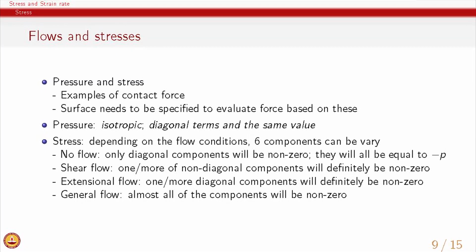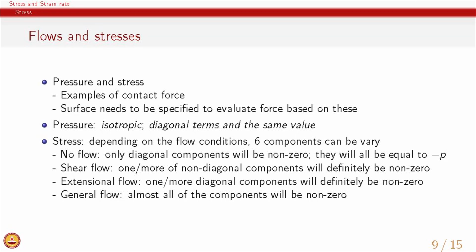And so, therefore, to say that we understand the fluid flow behavior of a material, we need to not only understand it under shear flow, we have to also understand it under extensional flow, so that the general flow where everything is non-zero can be understood based on our understanding arrived at in shear and extensional flow.